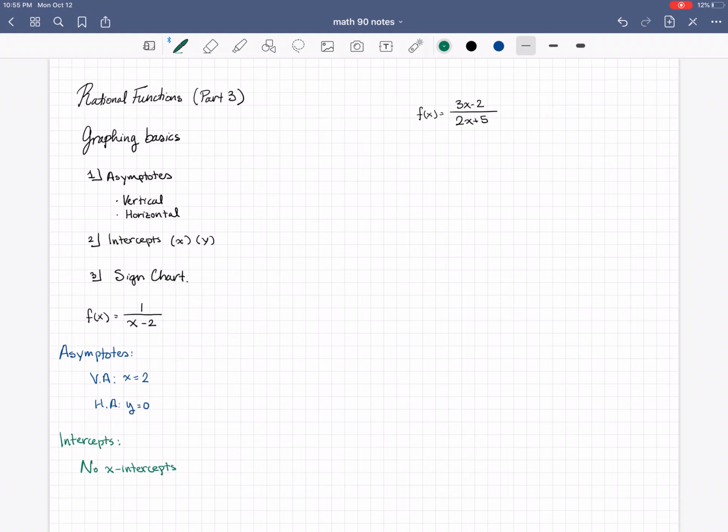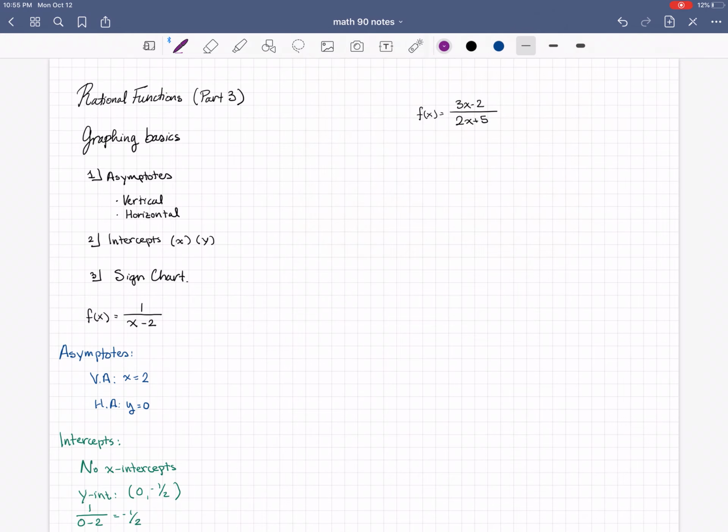And then for the y-intercept, well, let's see. If we plug 0 in for x, we get negative 1/2. And so we see that we do in fact have a y-intercept at the point (0, -1/2).